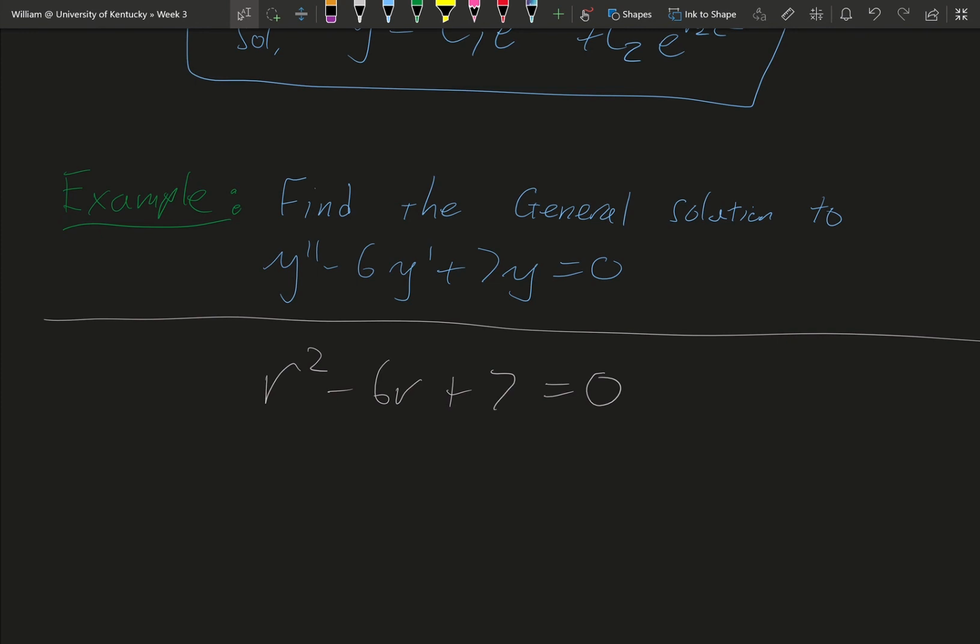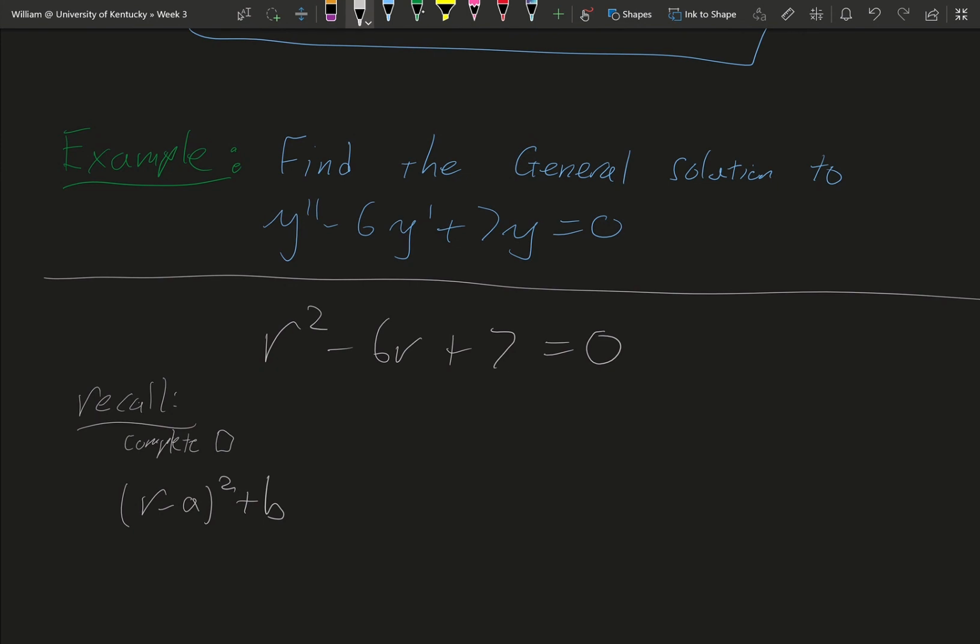So remember, completing the square. What we want to do is write it in the form r minus a squared plus b.